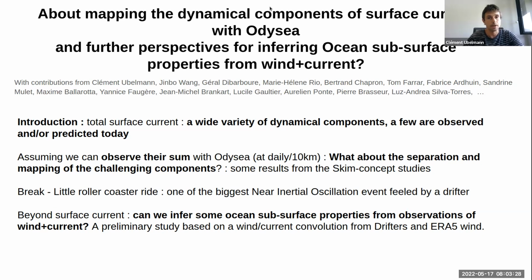Then in the last part, I will propose some very preliminary thoughts beyond the surface current, in particular what we could infer from observation of both wind and current. This is more to maybe open the gate to some future studies during the preparation of the mission.